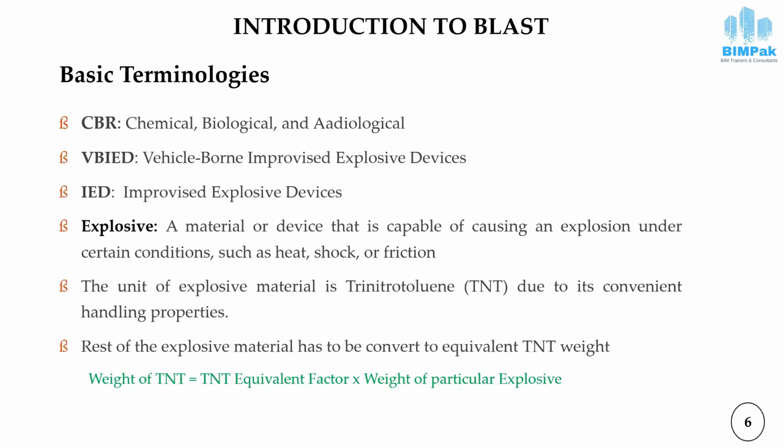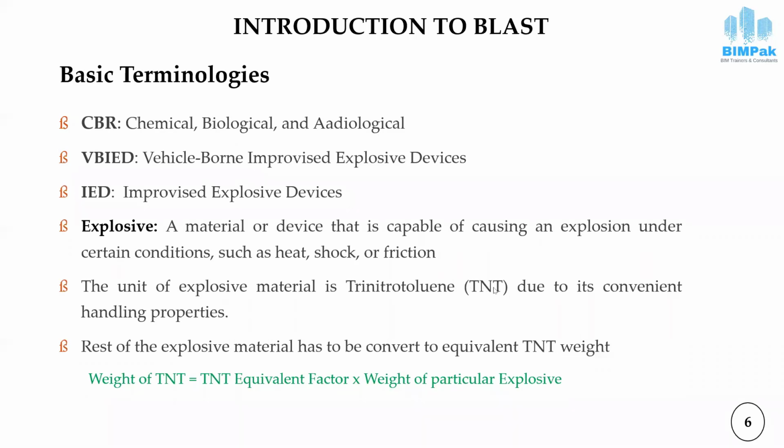So we have explosive material. Explosive materials are devices that are capable of causing an explosion under certain conditions. And to initiate an explosion, you will need some sort of input energy in the form of heat, shock, or friction. Different types of explosive materials are available in the market, but there is a specific unit, and the unit of explosive material is TNT, trinitrotoluene.